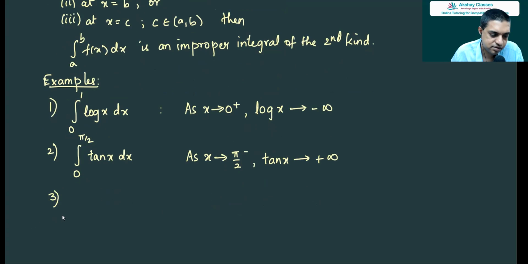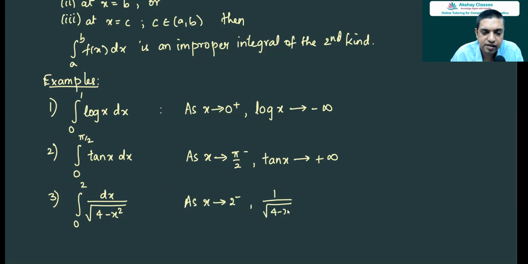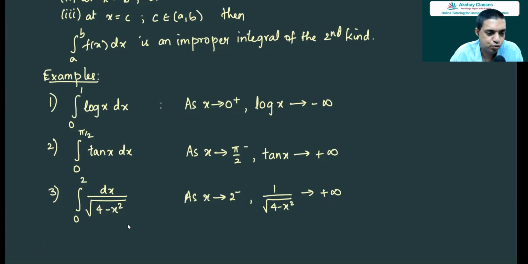Then third, integral 0 to 2 dx upon under root of 4 minus x square. Now here, as x tends to 2, the function goes to infinity, because the function is not defined at x equal to 2.